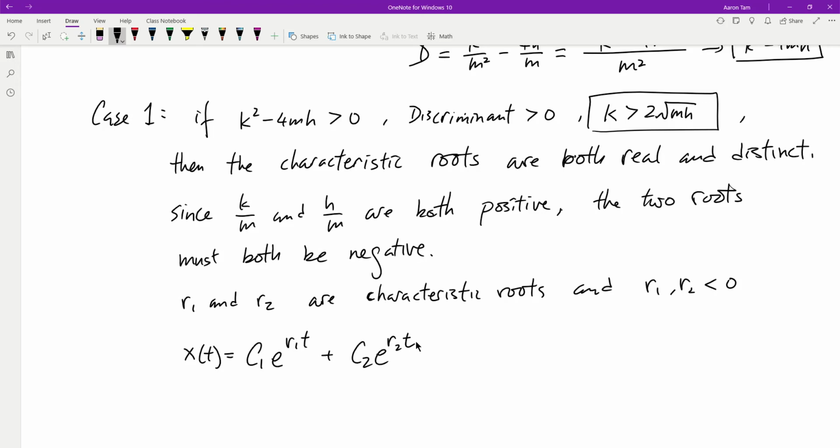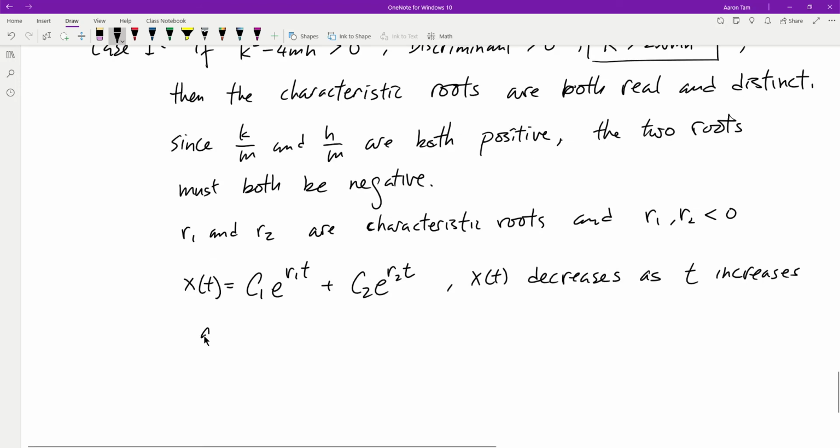Now, because both R1 and R2 are negative, this x of t would decrease as t increases. As a matter of fact, as t goes to infinity, x of t approaches 0, as both terms become 0 plus 0.